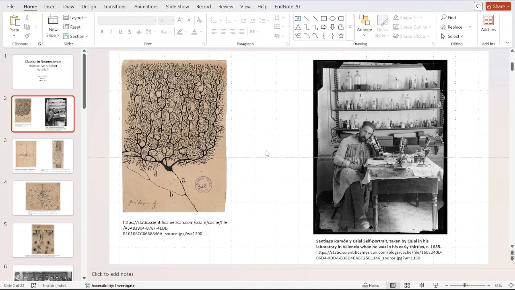Yeah, so that is Ramón y Cajal for you, who described his life in Spain as a researcher as extremely difficult, and he lamented the lack of scientific opportunities.